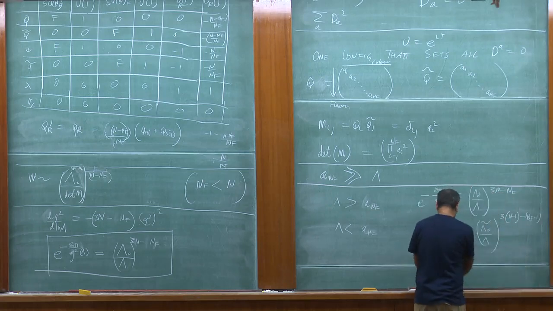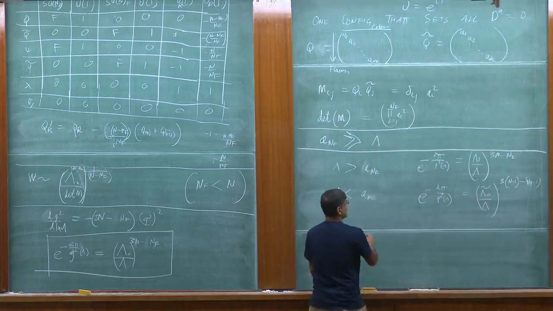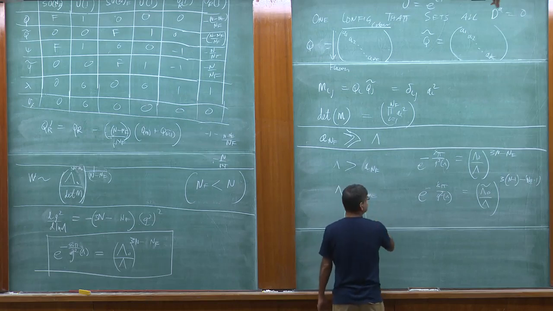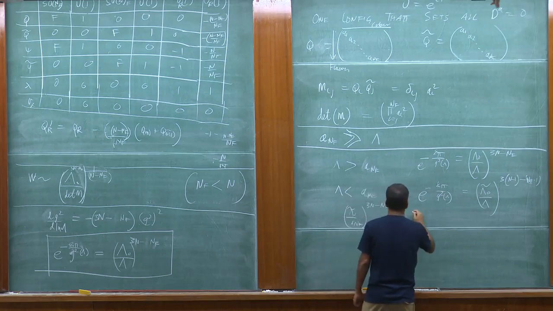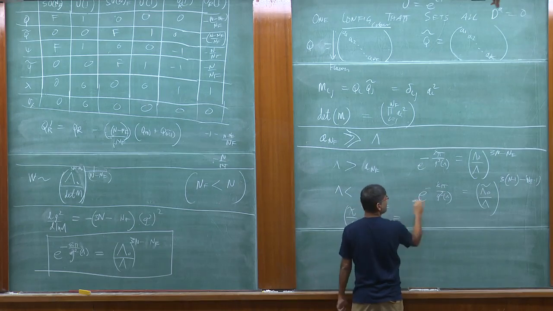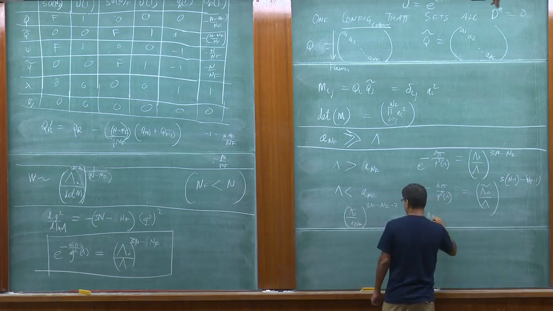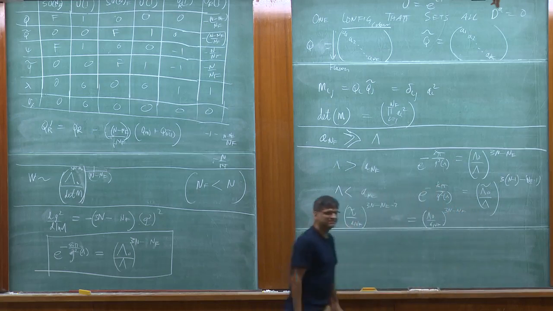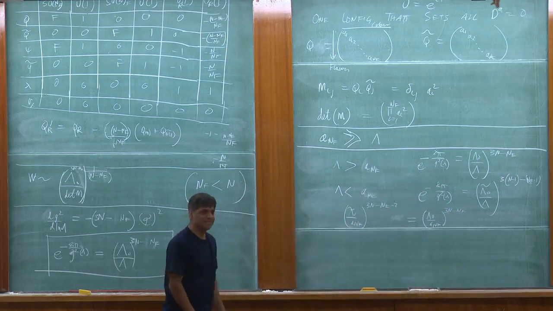And so if we set lambda equals A and F, we get lambda naught tilde by A and F to the power 3N minus NF minus 2 is equal to lambda naught by A and F to the power 3N minus NF. Is this clear?